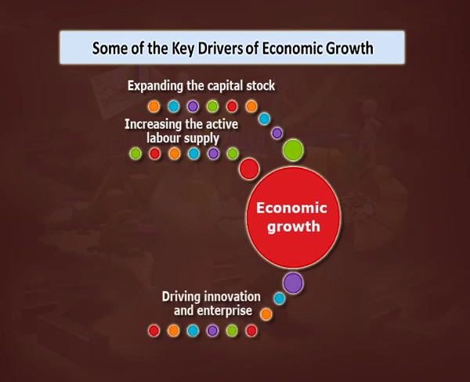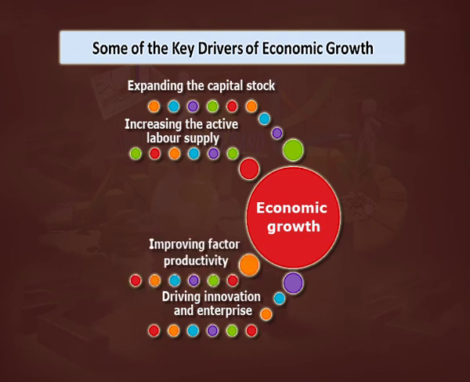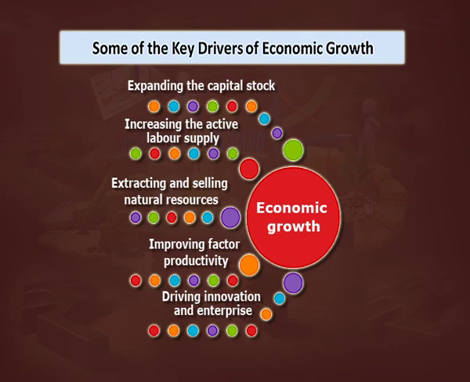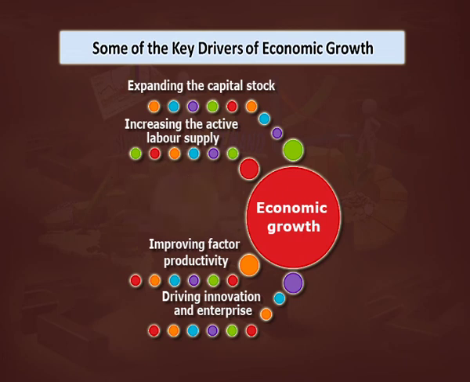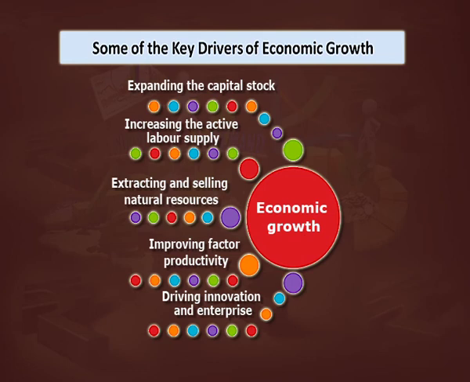With an increase in educational level, technological progress and innovation is achieved, thereby improving productivity, that is, higher GDP achieved per hour worked. Then comes a stable government, which is also a source of economic growth. This includes maintaining the rule of law and macroeconomic stability.